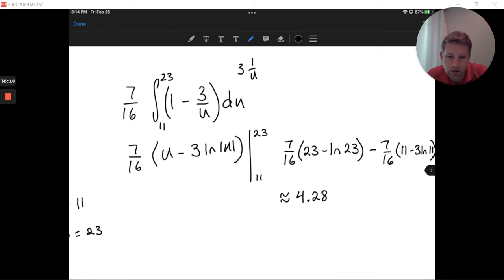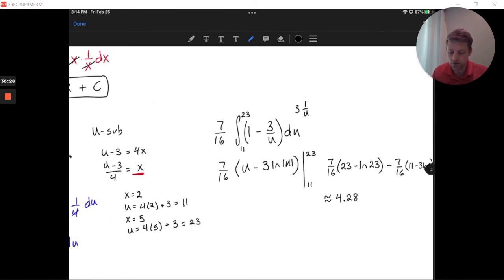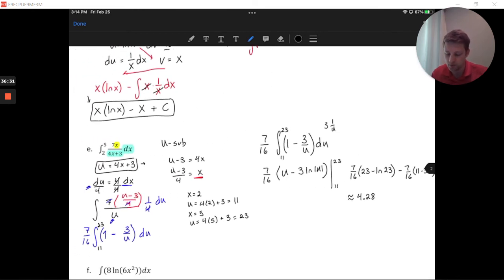Or you can just keep with our current setup here. So that would be our review for the u substitution with that extra variable. So you have those 3 substitutions with the definite integral.